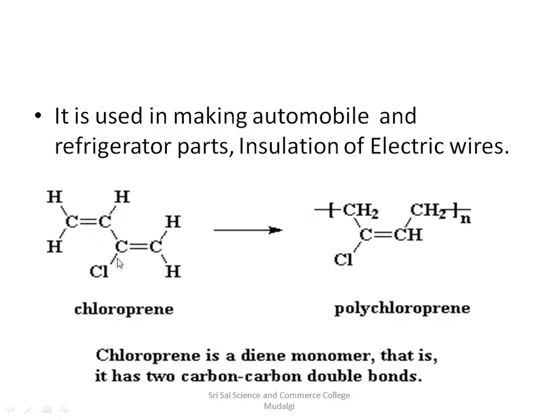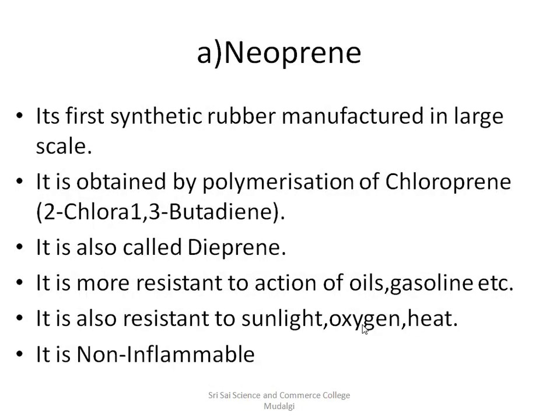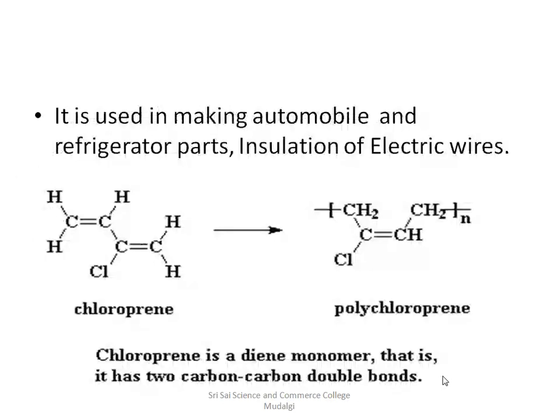So it is 2-chloro 1,3 butadiene, commonly called chloroprene. When it polymerizes, it forms neoprene, or polychloroprene. Very important, students. In some examinations they have asked about neoprene, its monomer, its structure, and its alternate name, dioprene. We have also seen the uses of neoprene.